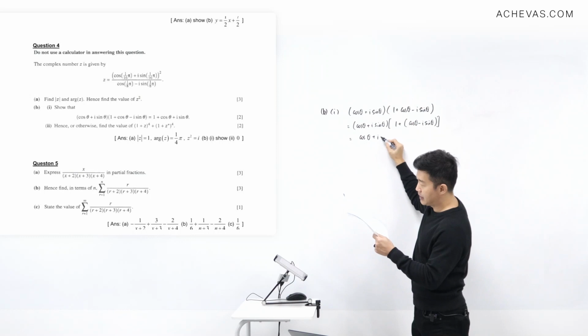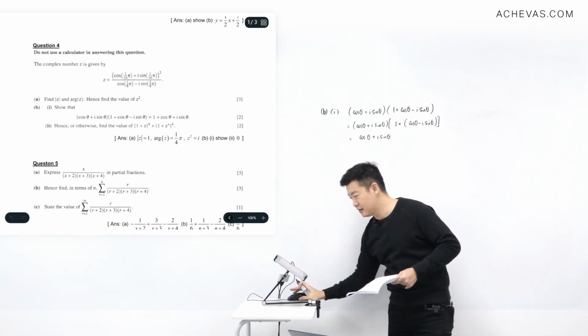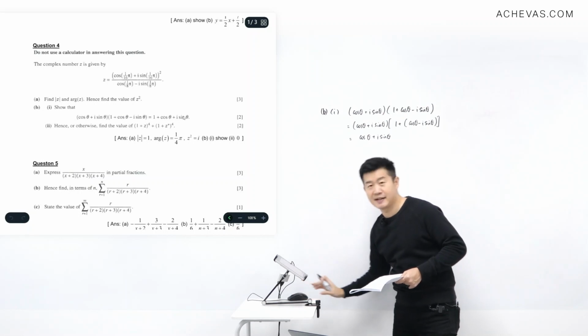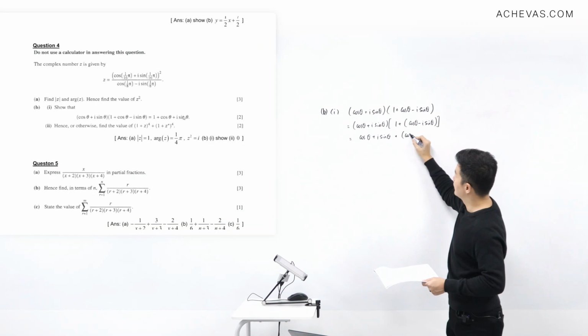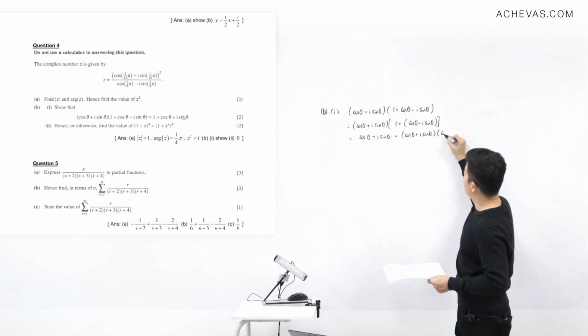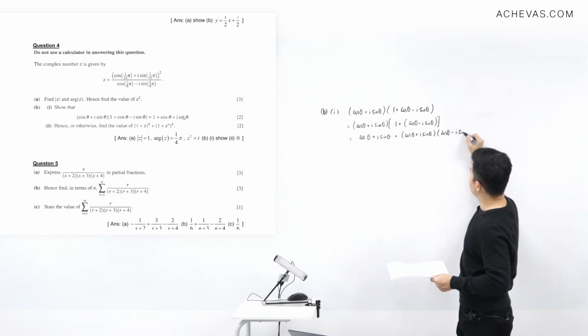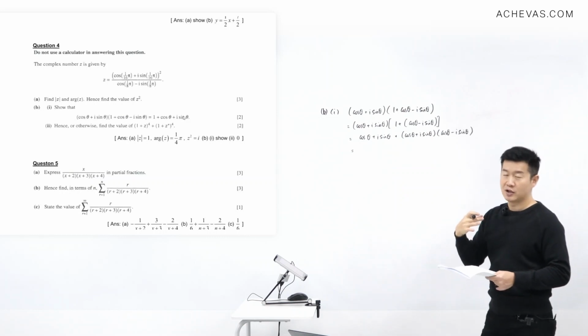which will give me cosine theta plus i sine theta. And this gives me this part directly. And when I take this multiplied by this, we will have cosine theta plus i sine theta multiplied by cosine theta minus i sine theta. We are achieving something more efficient here because we actually pause and think.